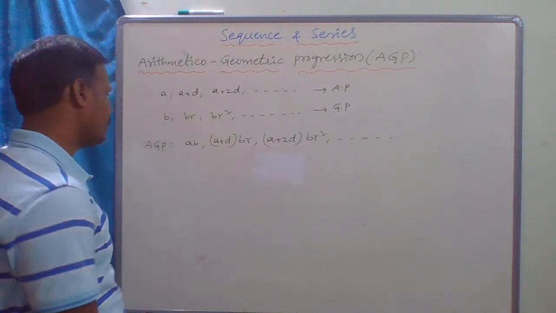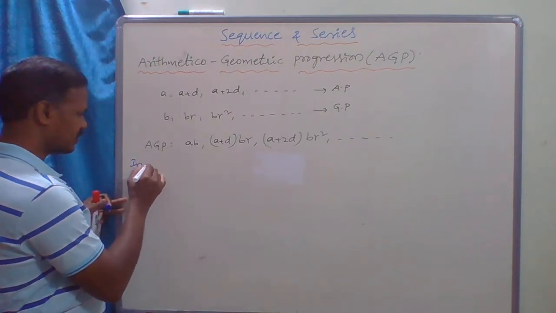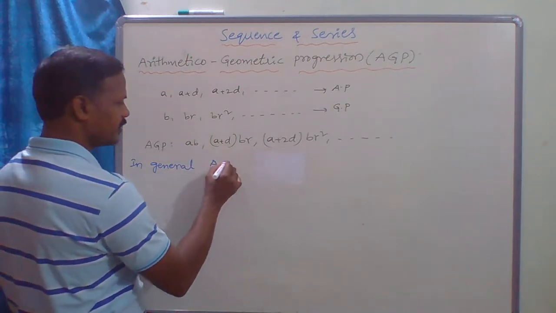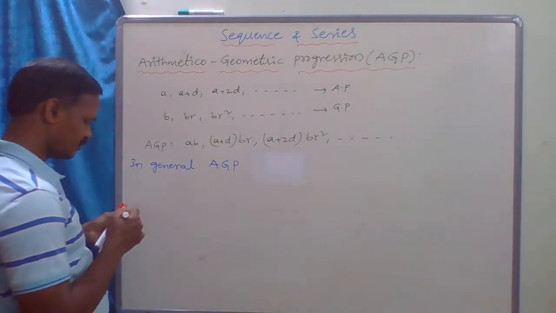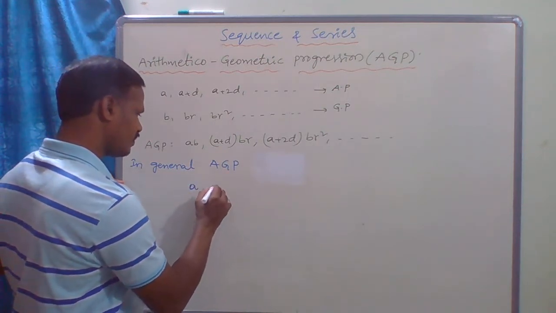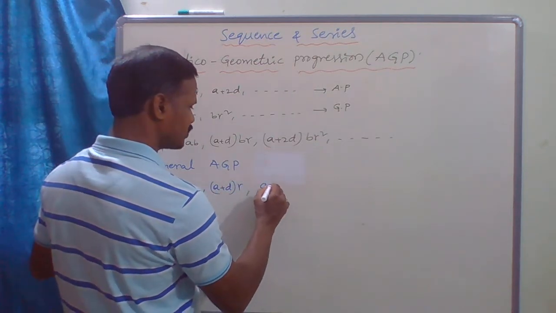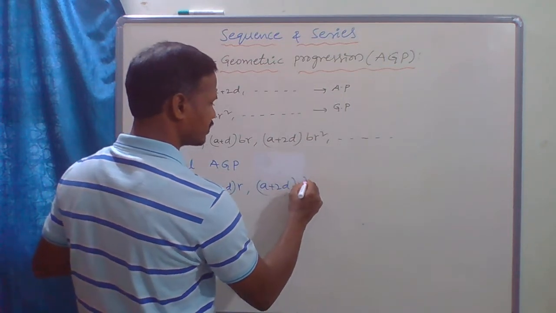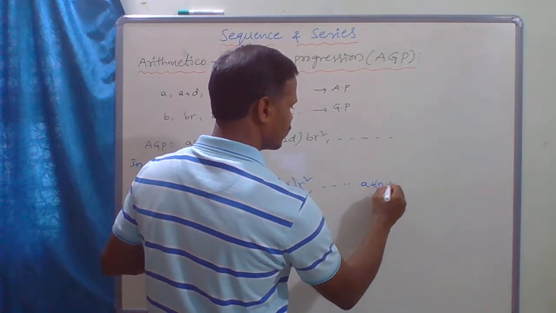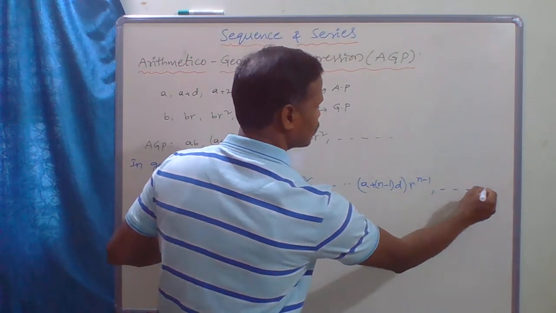So this is the AGP. Clear? But in general, AGP can be written as a, a plus d into r, a plus 2d into r square, up to a plus n minus 1 into d into r power n minus 1, and so on.